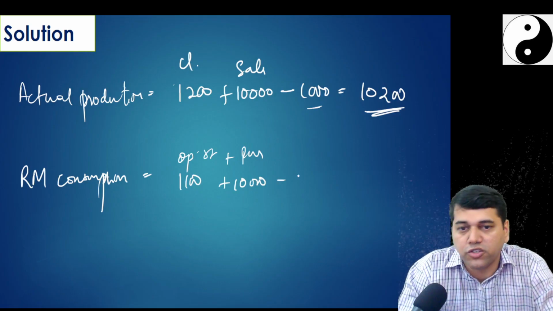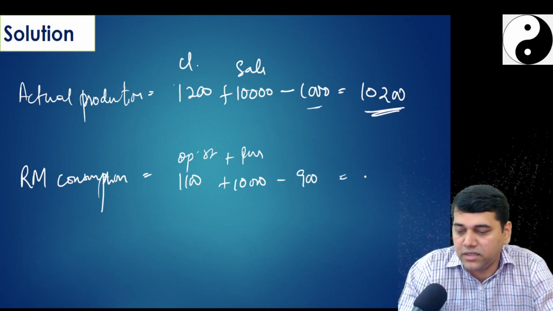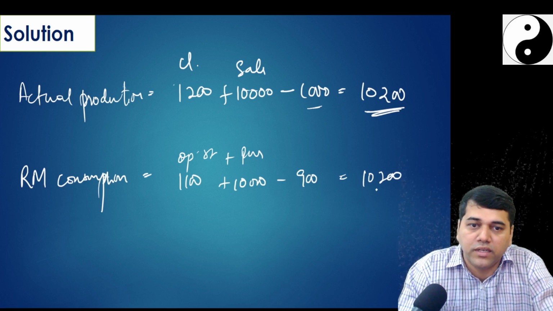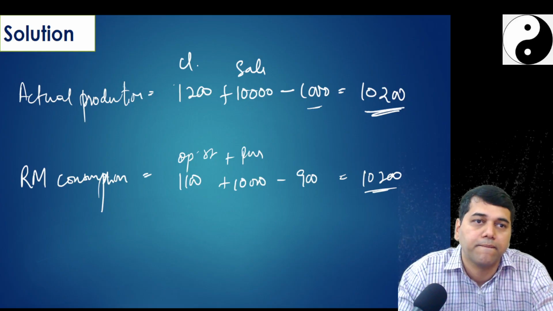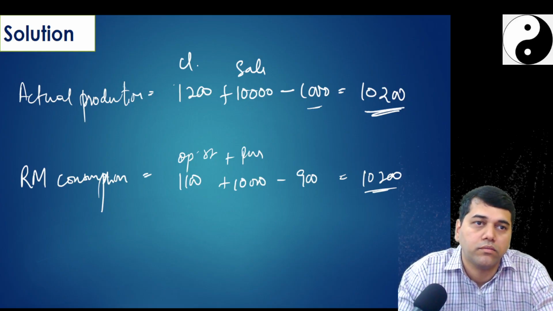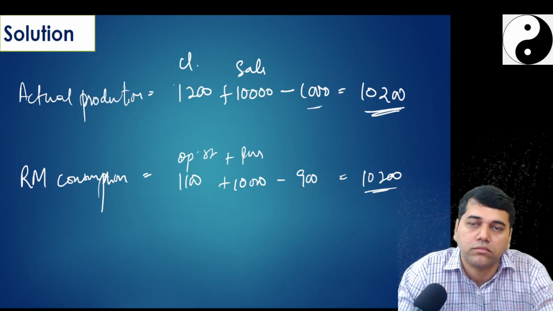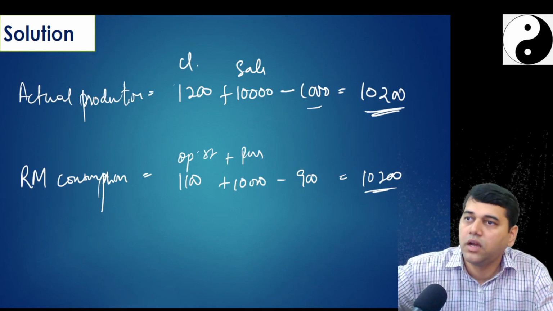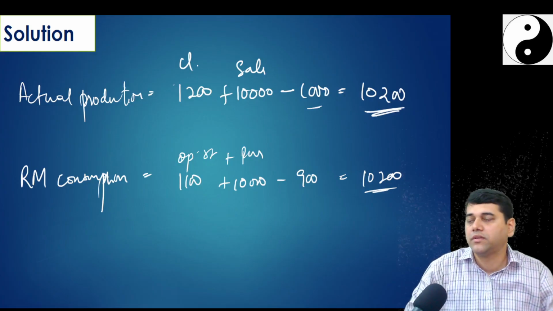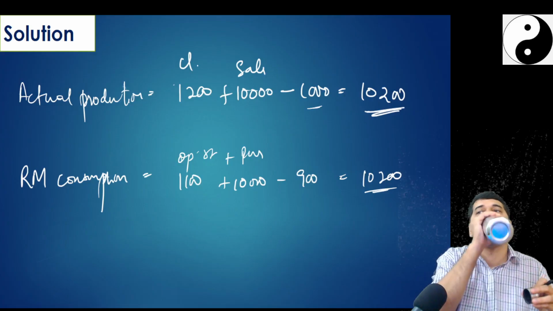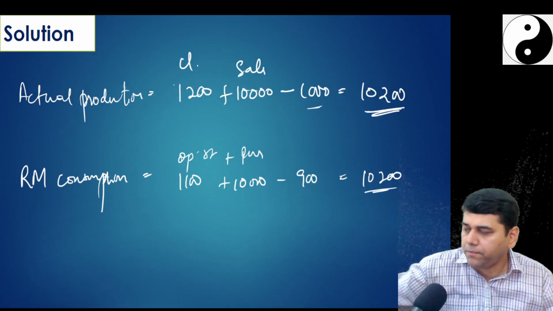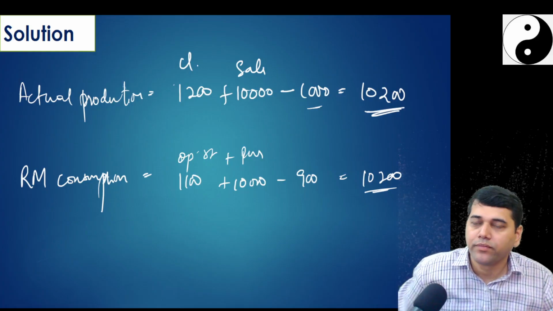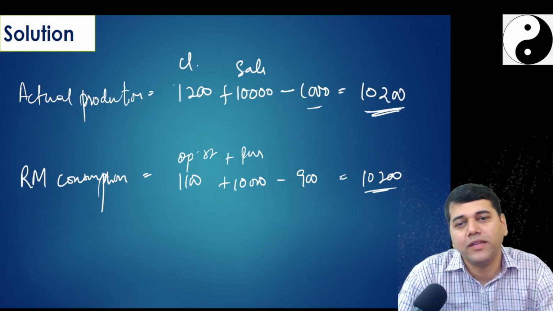How much is the closing stock with you? 900. Is 10,200 the consumption of the raw material? Are you clear about these two differences? This is the outcome now.